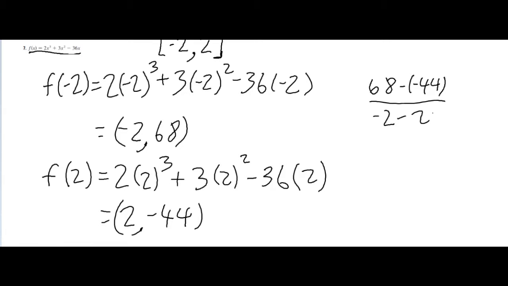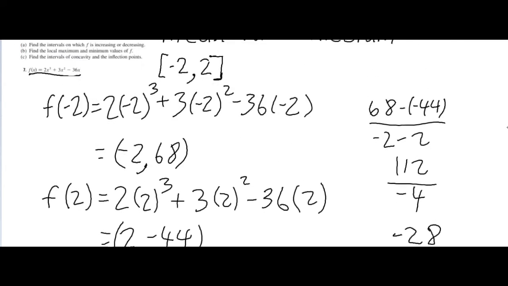So this is going to be 68 plus 44, because negative minus a negative is positive, so 112 over negative 4, and that's going to get us negative 28.